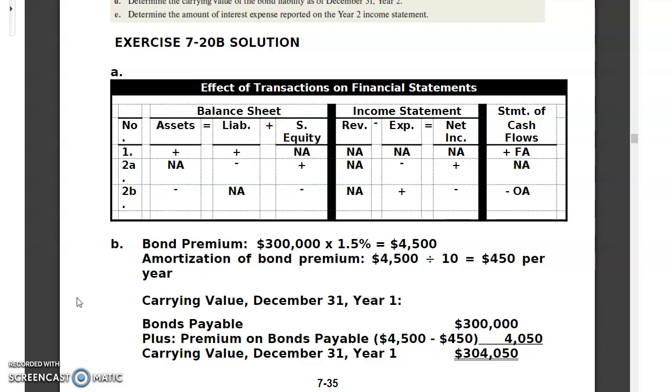So the premium on the bond was $4,500 minus 1 year's amortization means that the remaining premium is $4,050 and the carrying value is $304,050, or the total amount that was received, $304,500, minus the 1 year of amortization.